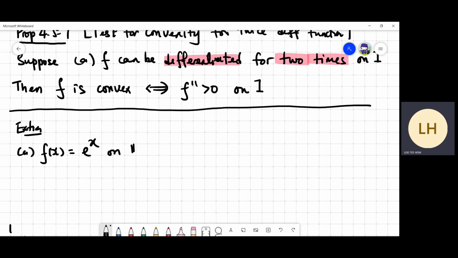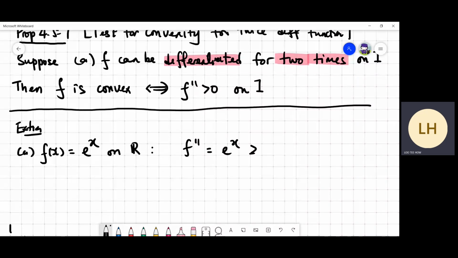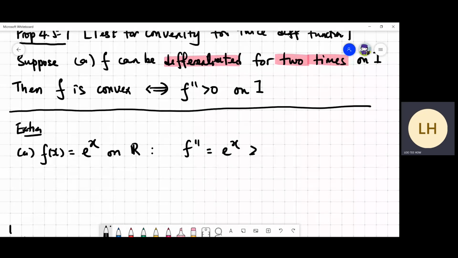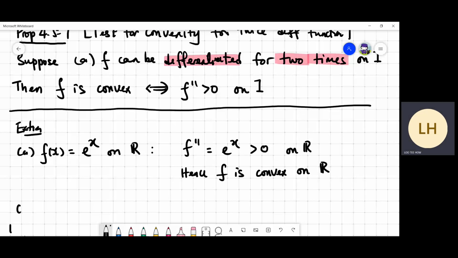We look at the interval R. In this case, f double prime, differentiating e^x 2 times, is also equal to e^x, so this is always positive on R. Hence we can say that f is convex on R.